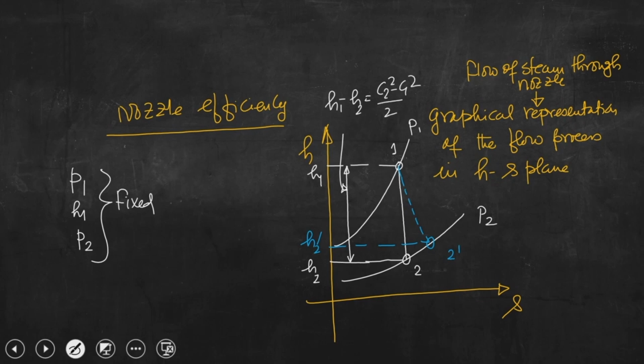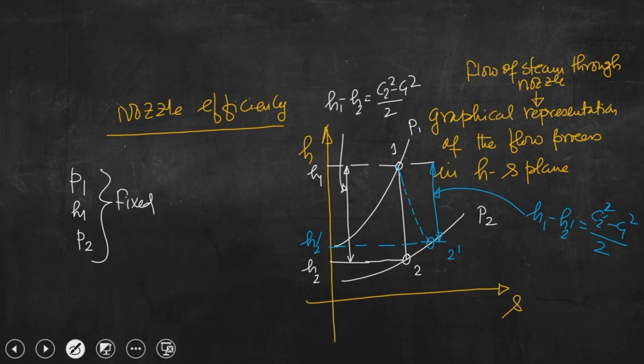right. And say this is H1 minus H2 prime, that equals C2 prime square minus C1 square divided by 2, right.